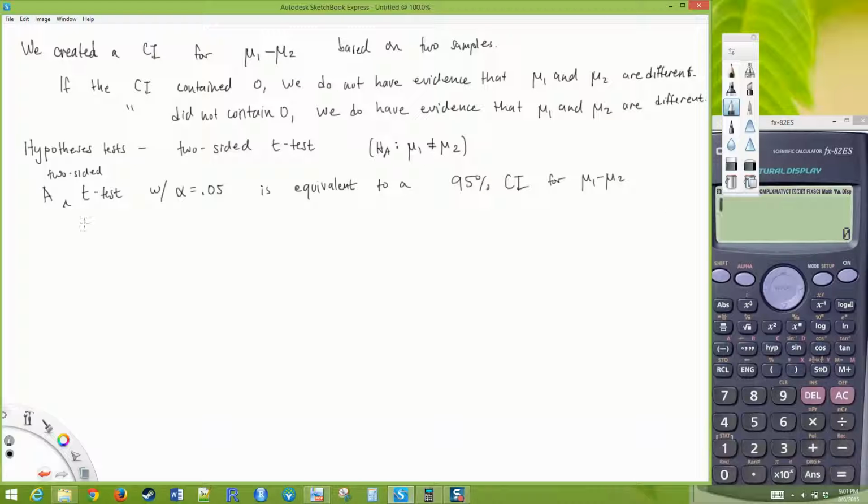And with alpha equal to 0.10, this is equivalent to a 90% confidence interval. Or in other words, the significance level alpha is equivalent to a confidence level of 1 minus alpha.